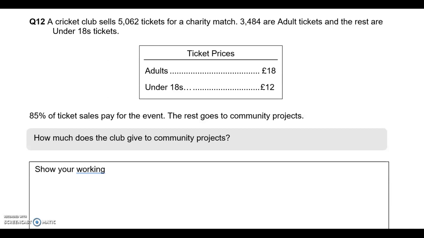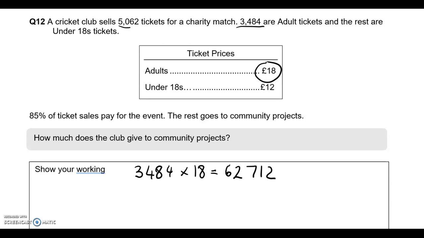So first of all, let's see how much has been made with the tickets. We've got 3,484 adult tickets, so 3,484 times 18. That is 62,712. And under 18s tickets, we'll need to find out.